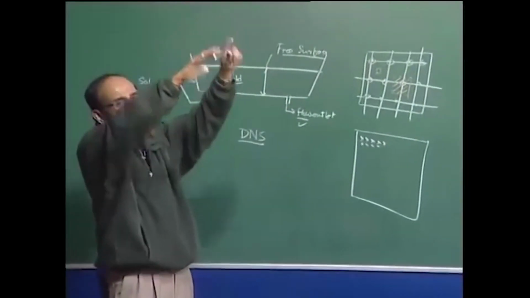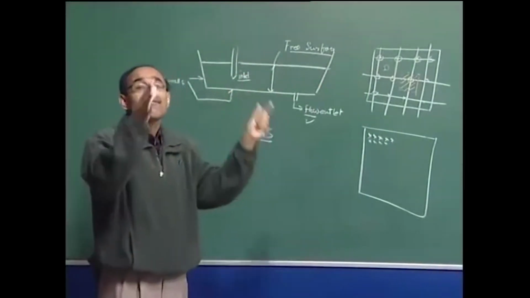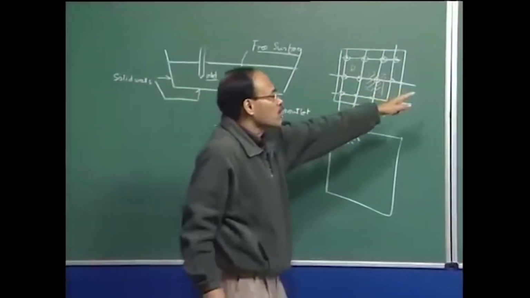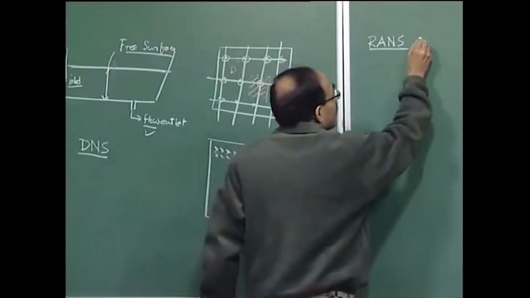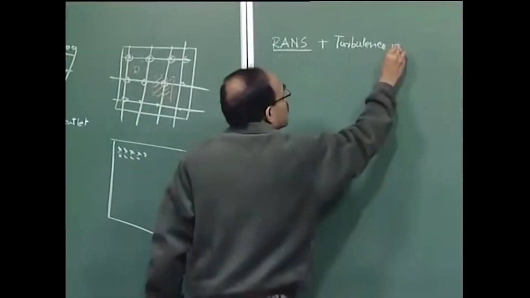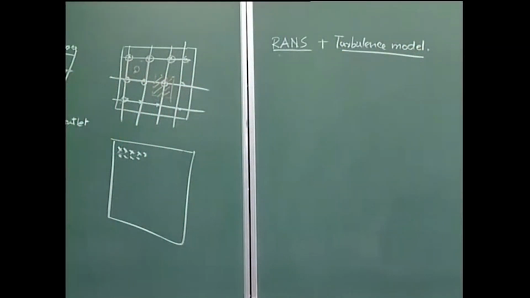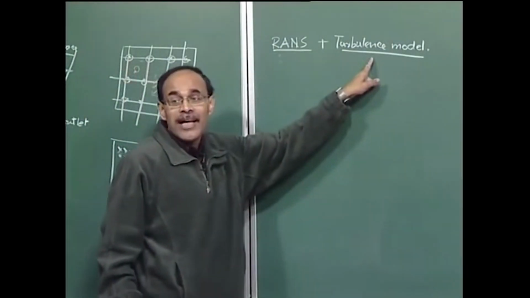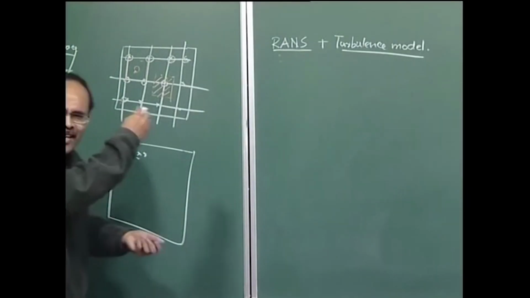So, some sort of averaging of the Navier-Stokes equation is done, and thereby the RANS equations are derived starting from the laminar flow equations or the exact Navier-Stokes equation. We derive the RANS equation, and this RANS equation then needs a turbulence model. So, RANS equation plus turbulence model, then we can use such a sparse grid, there is no problem, okay, because we have averaged the behavior, and we have various other techniques also.